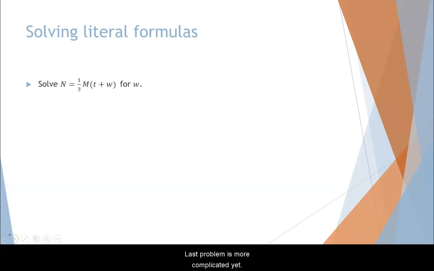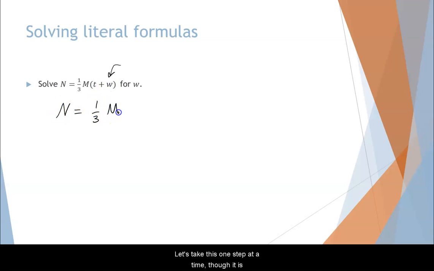This last problem is more complicated yet. We could tackle this a variety of ways in our quest to solve for w, but I want to get rid of this 1/3 and then the m first. So in other words, I'm going to try and isolate the parentheses.